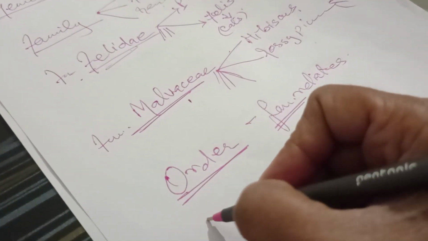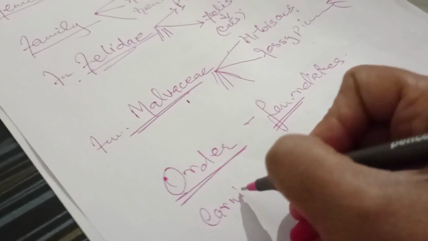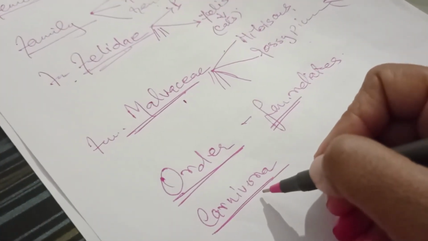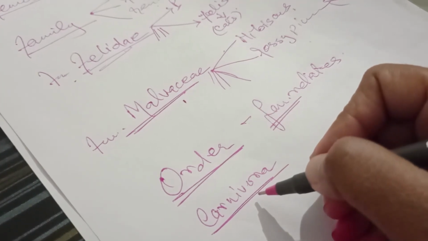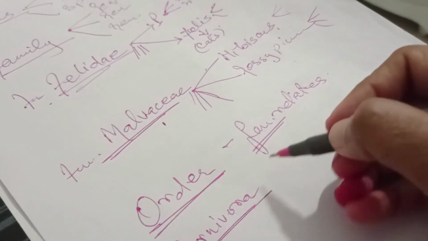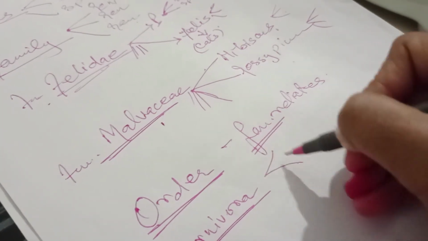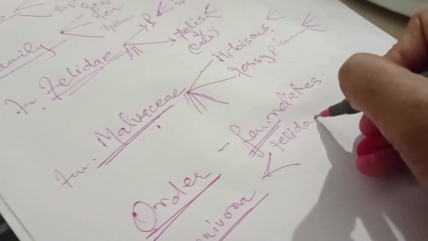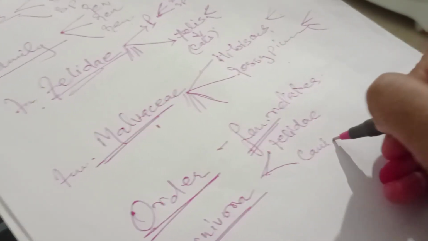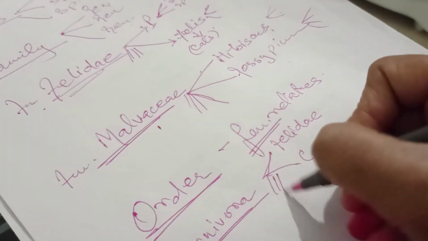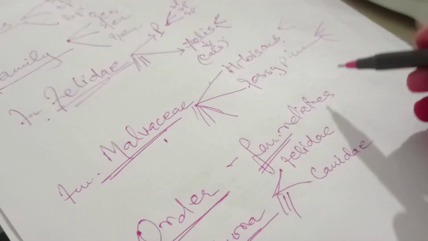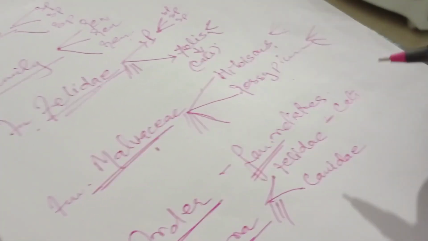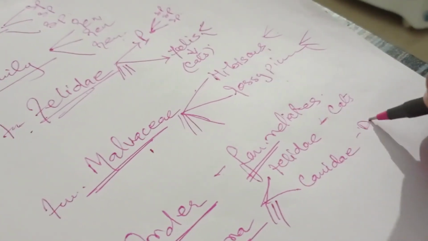In animals, there is an order Carnivora. Order Carnivora includes all the animals which are carnivorous. This Carnivora includes many families such as Felidae, Canidae, and many more. Felidae, as I told you above, includes cats, and Canidae includes dogs.